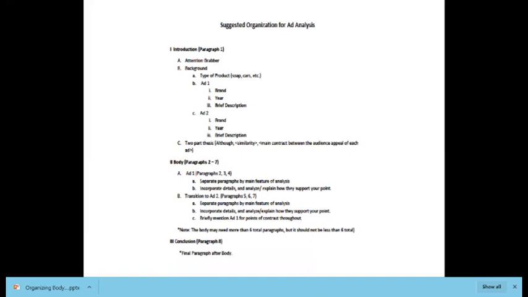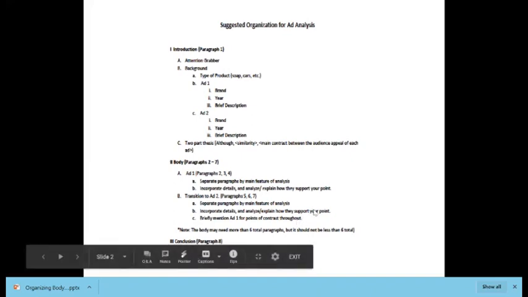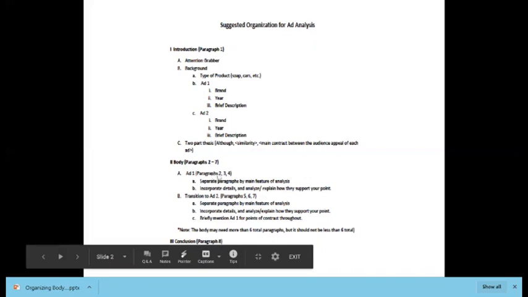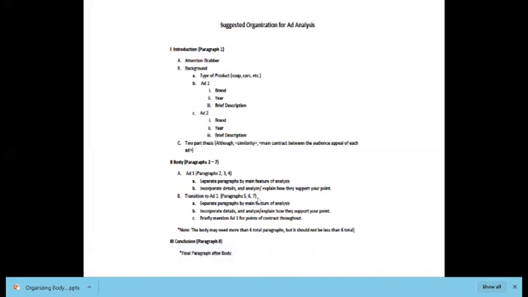It is also possible, and you might have seen in your book or in other places, a comparison contrast where it moves back and forth. So it will go ad 1, ad 2, ad 1, ad 2, ad 1, ad 2. That structure is a little more difficult to set up and requires something to be far more parallel and in line.